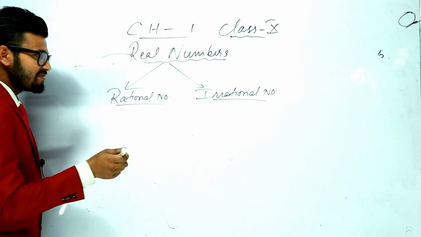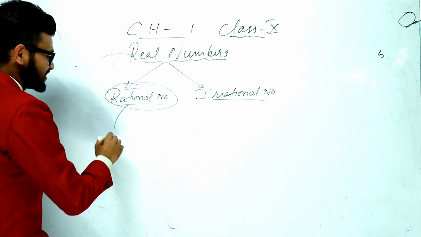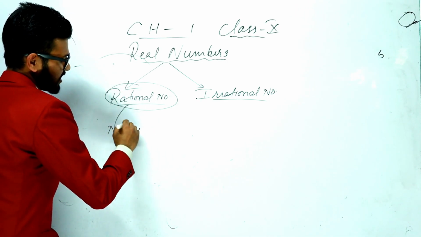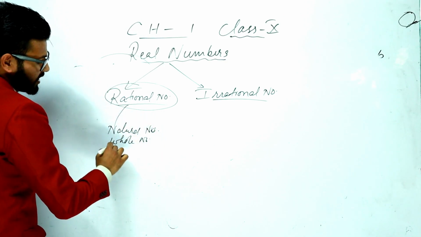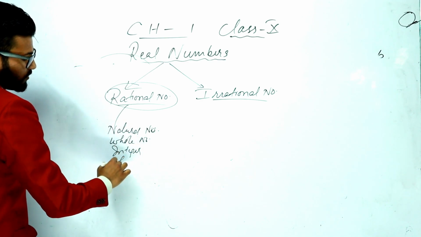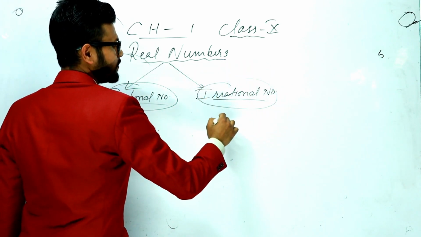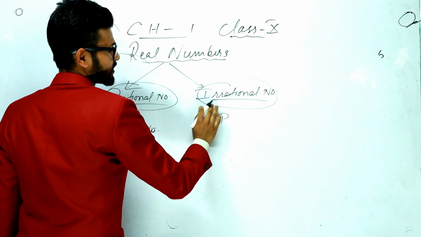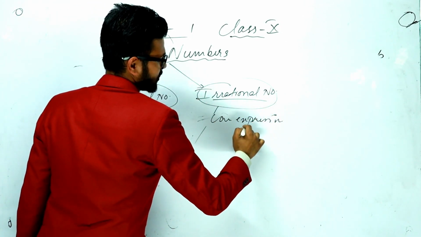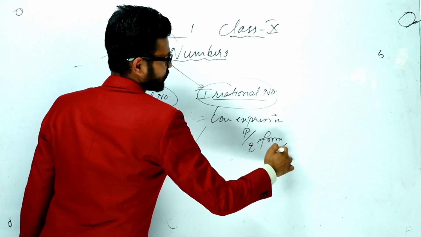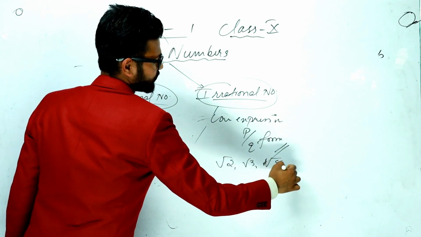The rational number can be expressed in the form of P by Q, and includes all the other numbers such as natural numbers, whole numbers, integers, and fractions. The irrational numbers cannot be expressed in P by Q form. Examples: root 2, root 3, root 5.